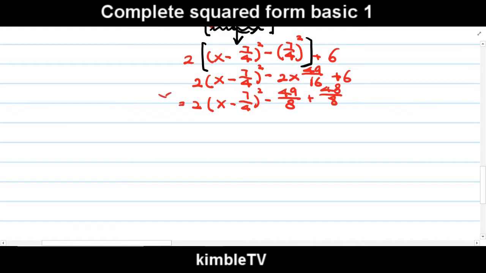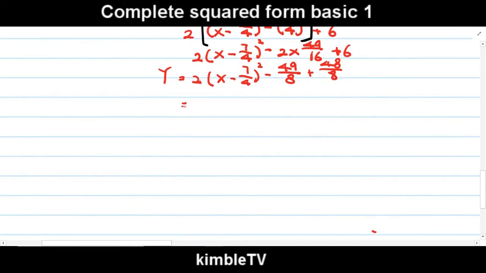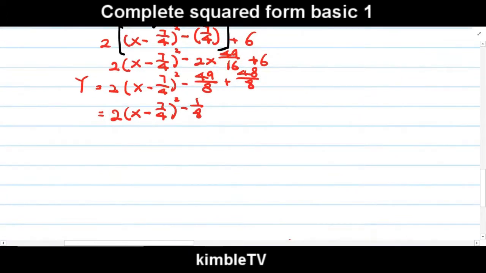This is y, and therefore 2 open bracket x minus 7 on 4 close bracket squared minus 1 on 8. I've got the coordinates of the stationary point: x-coordinate 7 on 4, y-coordinate minus 1 on 8. This is the stationary point.